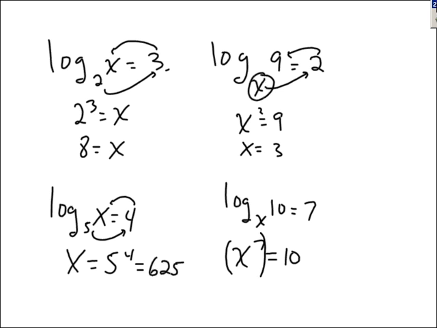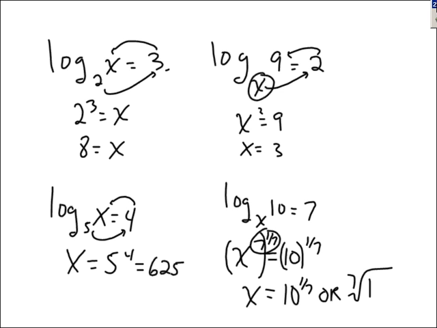If I raise both sides to the 1/7, on the left I get x, because 7 times 1/7 is 1. And on the right side, I get 10 to the 1/7, or the 7th root of 10. That's what x equals, the 7th root of 10.